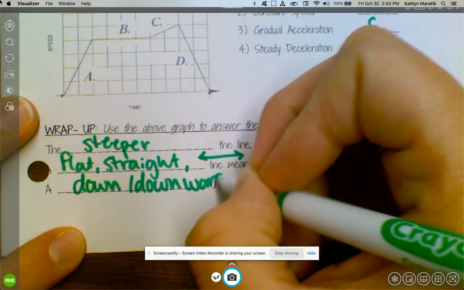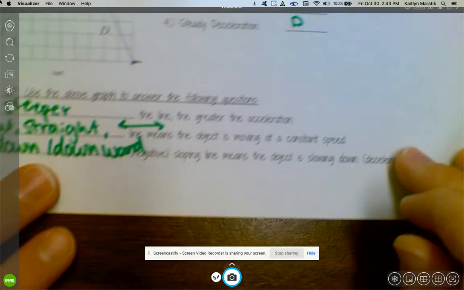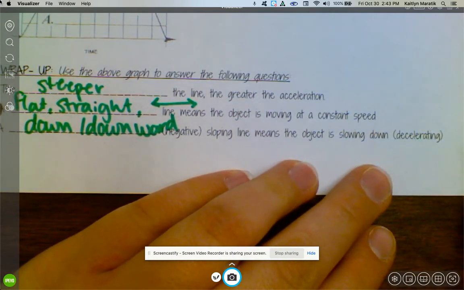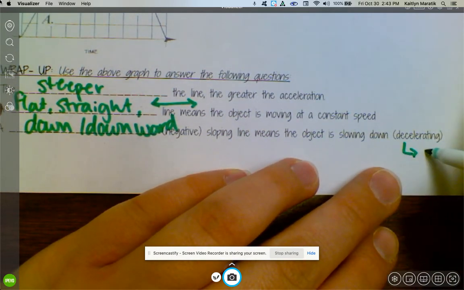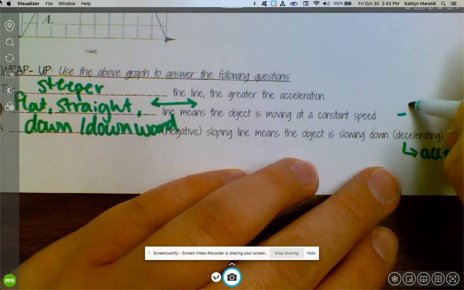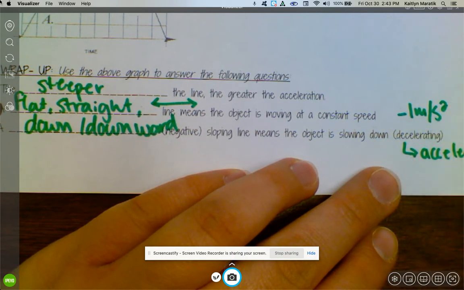Now, something to keep in mind. Decelerating is also a type of acceleration, technically. And so if we have deceleration, we're going to see like a negative 1 meters per second squared.